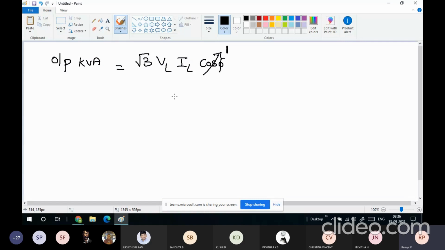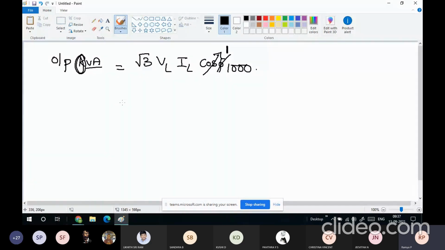Here, the output VA rating is root 3 VL IL into cos phi, but they have given kVA, hence I am going to divide this by 1000 to retain the unit in kVA. So it is root 3 VL IL divided by 1000. If you want, you can do it like this, or finally after calculating the power, you can divide by 1000 so that it will be in kVA rating also.